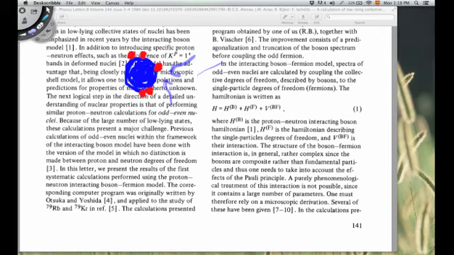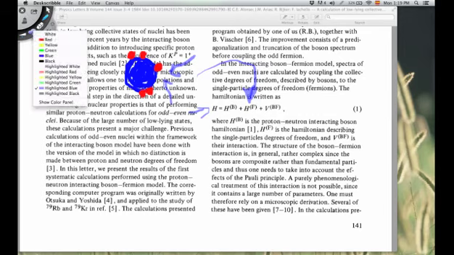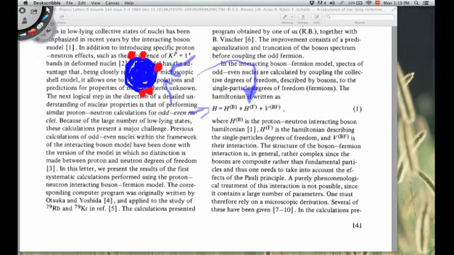This fermion corresponds to this part. Okay, this is the Hamiltonian we will use to consider the extra proton. Also, it's important to notice that for this extra proton there are allowed energies.